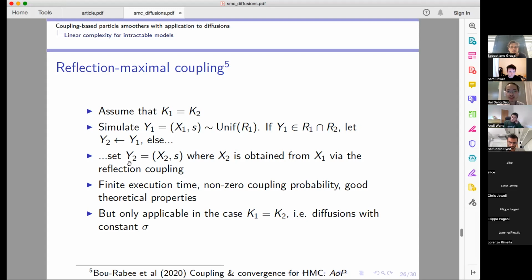Otherwise, you set Y2 to (H2, S), where S is the same real number as here, and H2 is obtained from H1 via the reflection coupling. The advantage is that you have finite execution time, non-zero coupling probability, and good theoretical properties, but it is only applicable when K1 is equal to K2. To get that, you really have to work with diffusions with a constant sigma term, which makes the whole thing a lot less interesting.